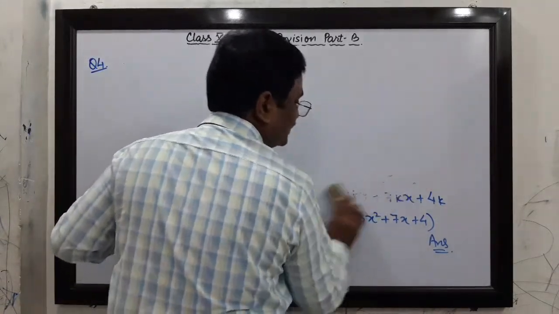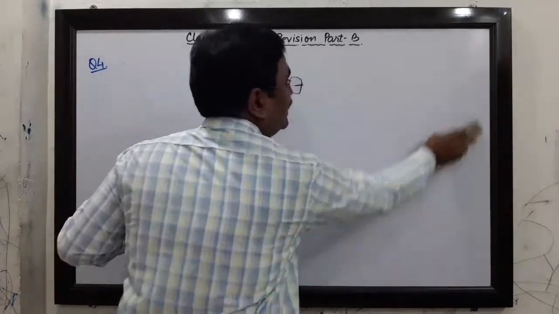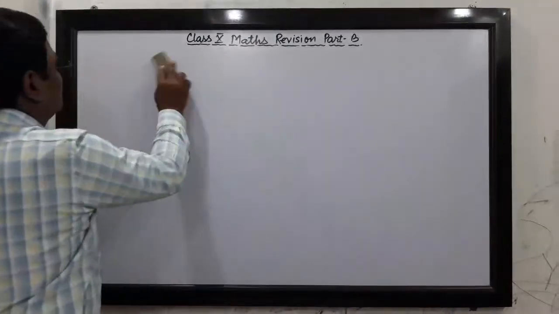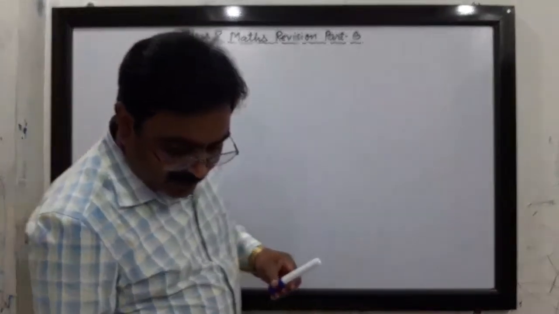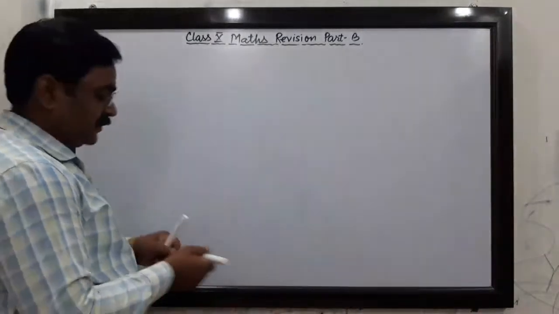What is given in this? In question number 5, find the quadratic polynomial. The sum and product of whose zeros are 8 by 5 and 3 by 5 respectively. Okay?